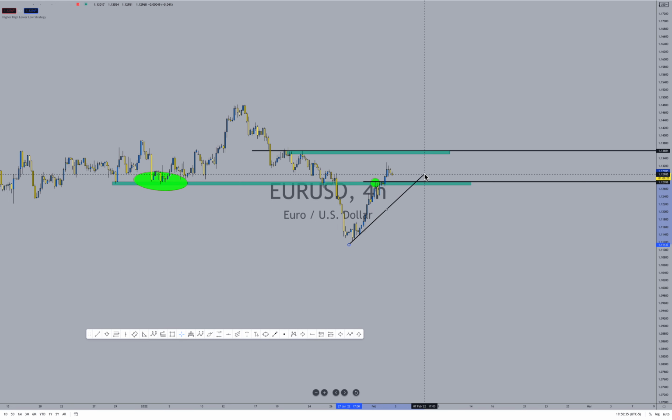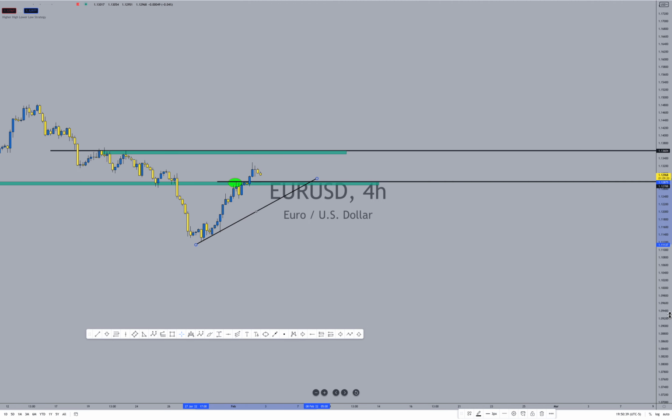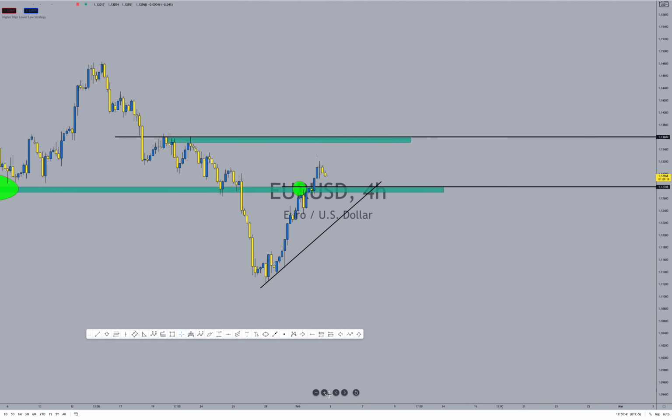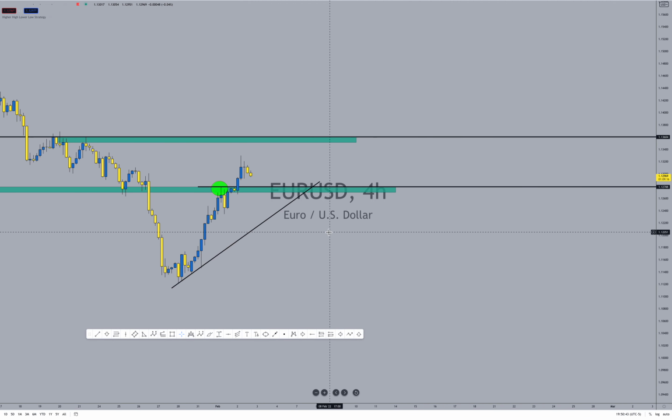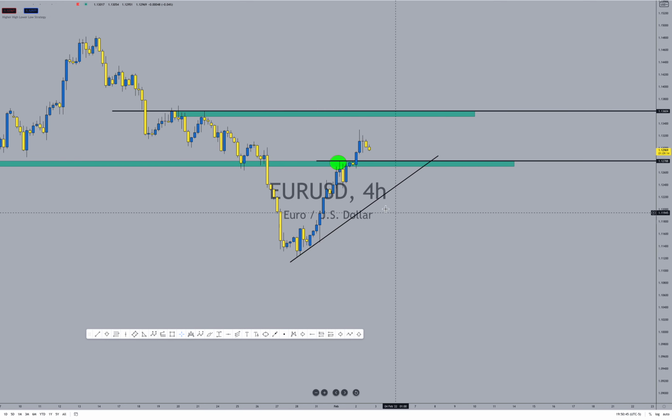So it's more like that. You should look at it from that perspective for those who utilize trend lines in your trading. Alright, but it's pretty decent, guys. Pretty decent.